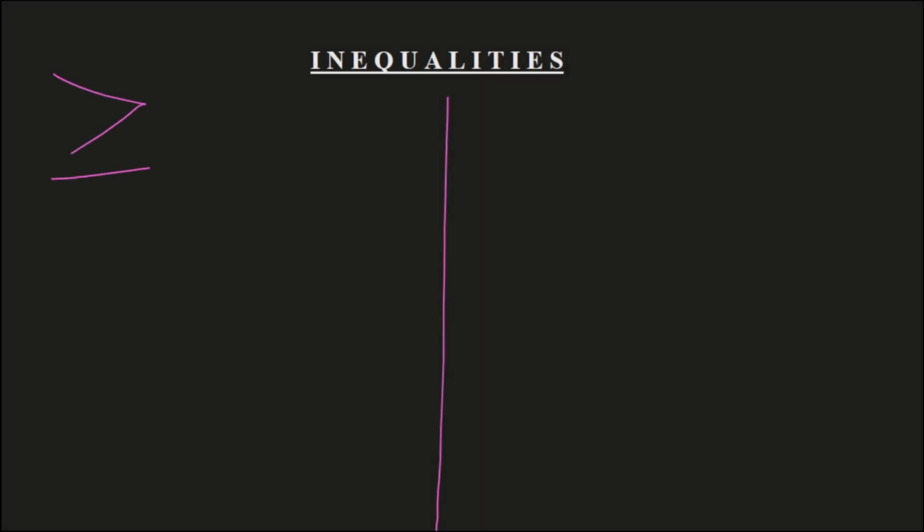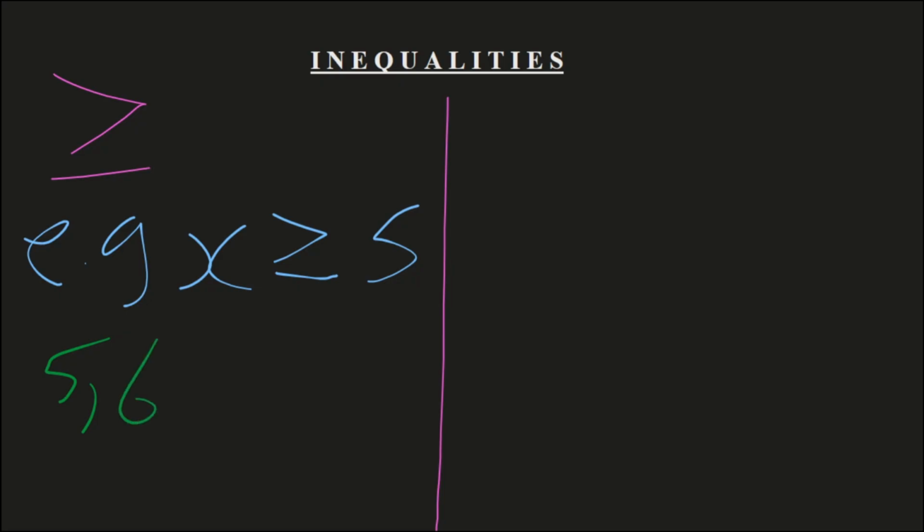Greater than or equal to. This means the value can be equal to or greater than the number. Example: x is greater than or equal to 5. This means x can be 5 or anything bigger. So x can be 5, 6, 7, and above.